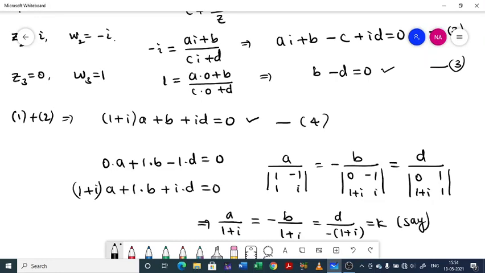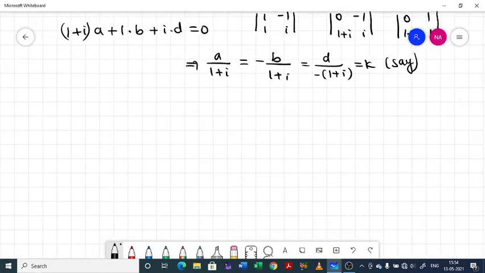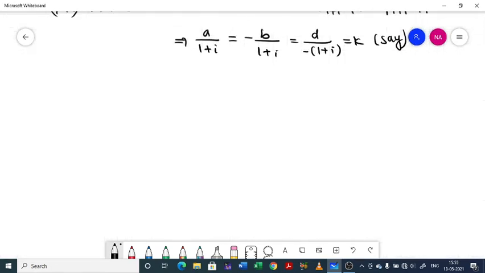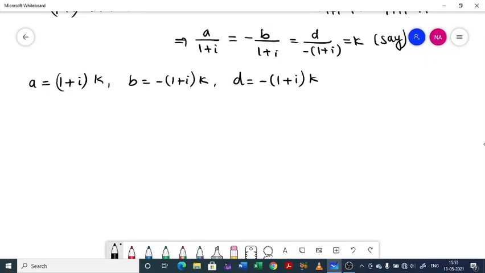Then we have a equal to 1 plus i into k, b equal to minus of 1 plus i into k, and d equal to minus of 1 plus i into k. Oh sorry, it's not c, it is d.